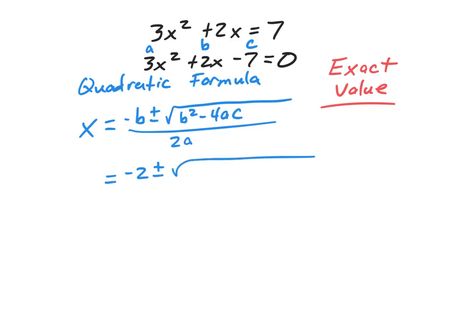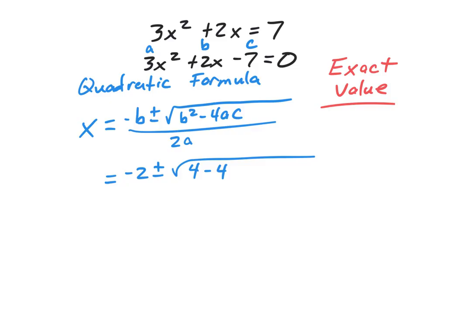Okay, one thing that I like to do is this right here is b squared. I just go ahead and square it. If it's positive 2, it becomes 4. If it's negative 2, it becomes 4. So I square whatever b is. So 2 squared is 4. Minus 4, okay? This 4 always stays. It's always part of the formula, never changes.